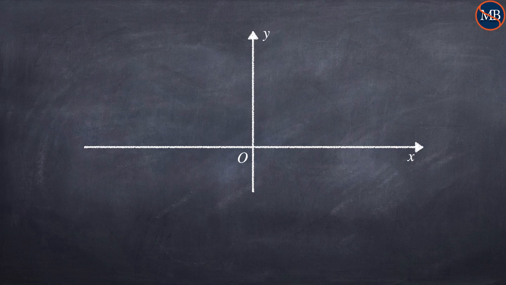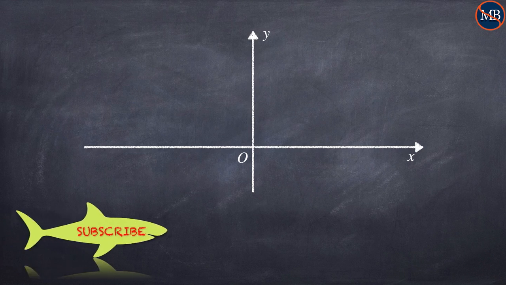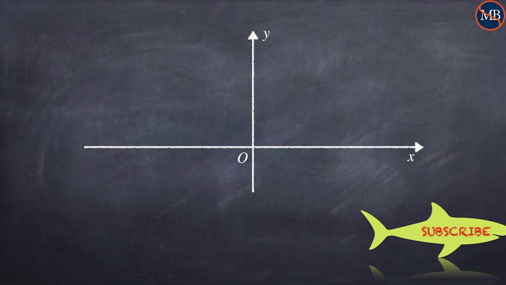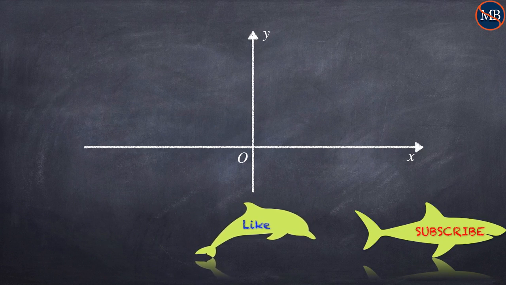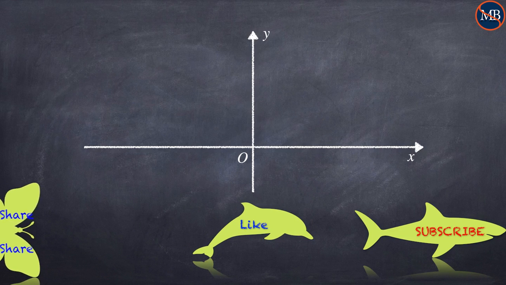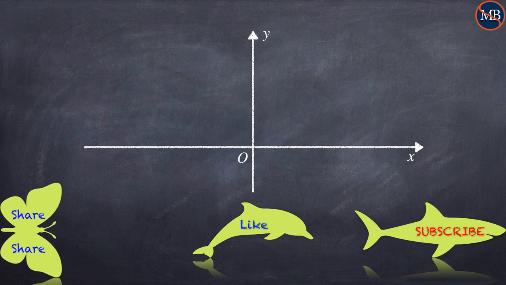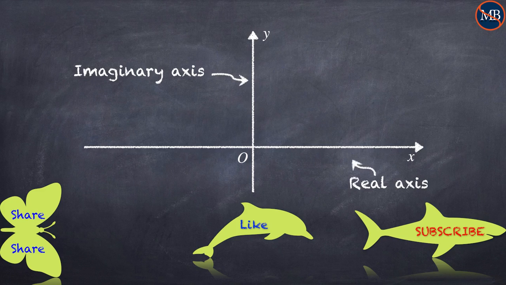In our real number system, we consider a plane and two perpendicular axes x and y, but in the complex plane, which is also known as the Argand plane, we call the y-axis the imaginary axis, and the x-axis is known as the real axis.